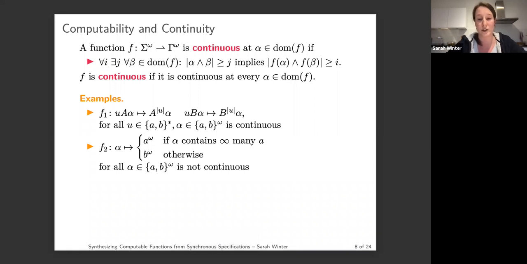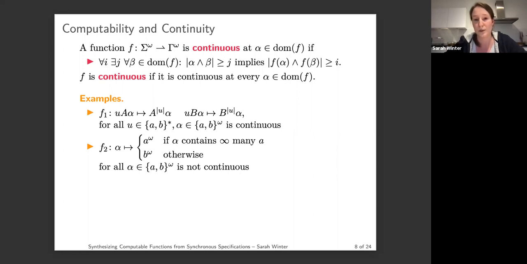And this function is not continuous because, for every two words that share a common prefix, if you take this prefix and to one you concatenate A to the omega, and to the other you concatenate B to the omega, then they share a common prefix, but their function values are A to the omega or B to the omega.